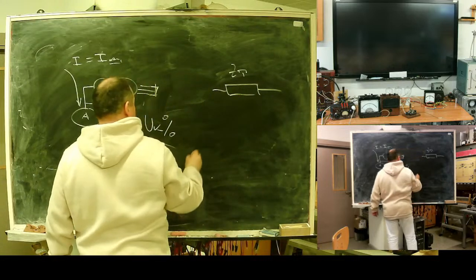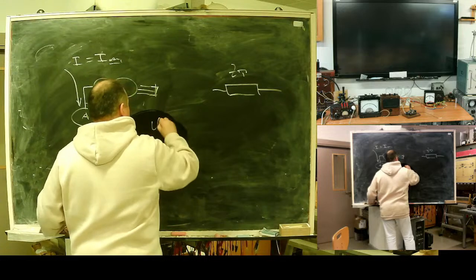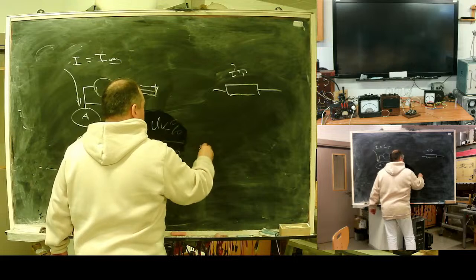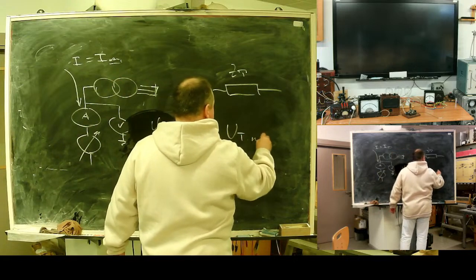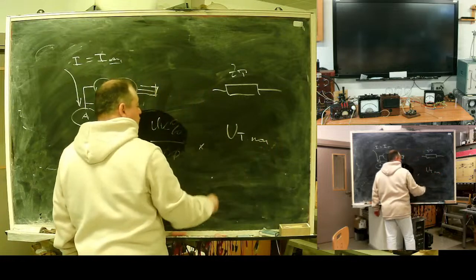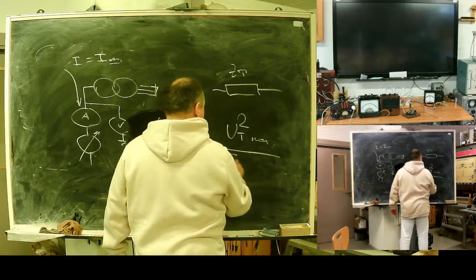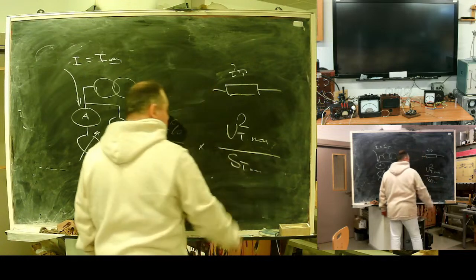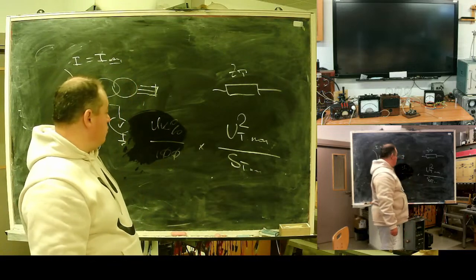It will be the short circuit voltage divided by 100, multiplied by the rated voltage of our transformer squared, divided by the rated power in volt-amperes of our transformer.